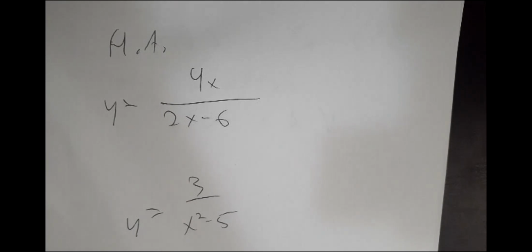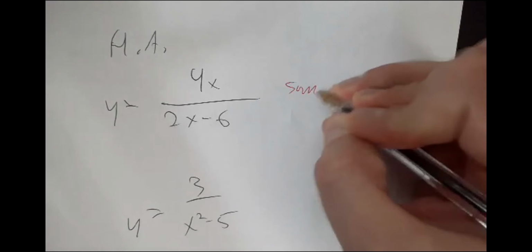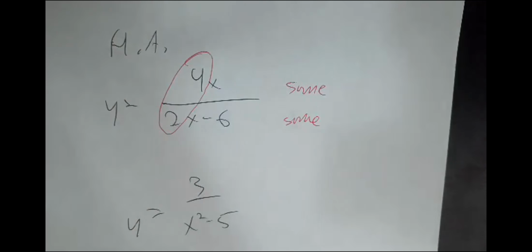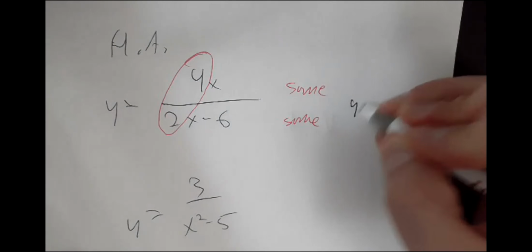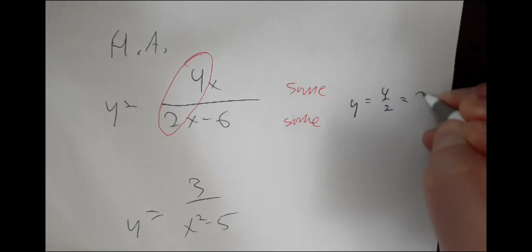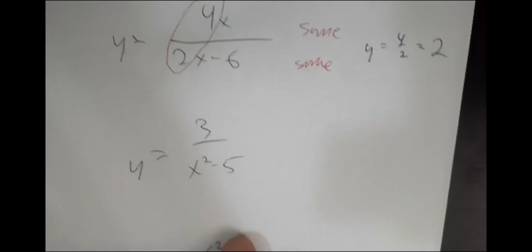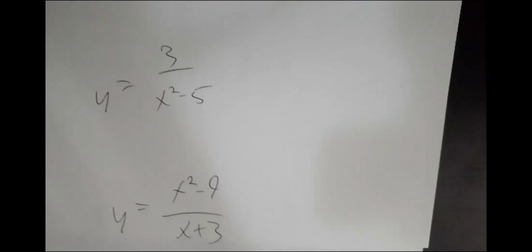If the powers are the same, we look at the leading coefficients, and y equals 4 over 2, or y equals 2. So we did this one already. Now what do these two look like?